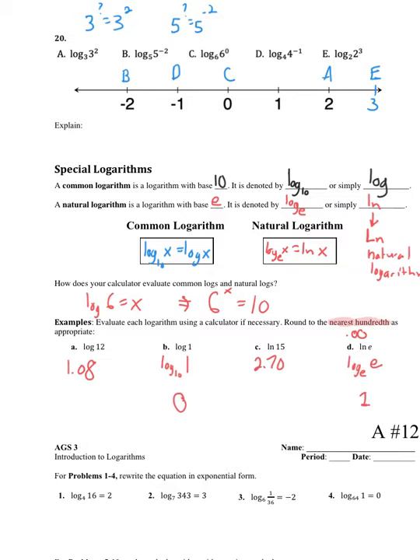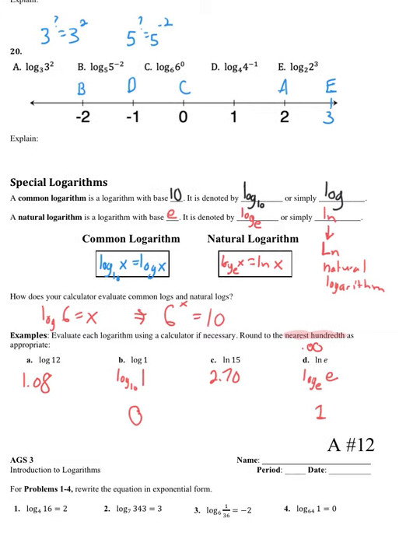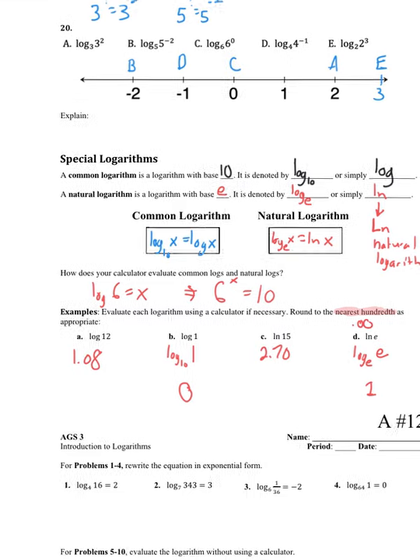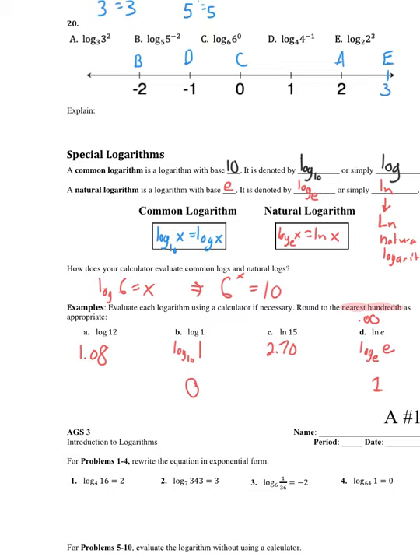I want to talk specifically about parts B and D though, because part D, we talked about this a little earlier, is log base e of e. Anytime you get the base and the number next to it to match up, it's always going to equal 1. The other one that happens here is log base 10 of 1. If we rewrote that in the other form, it'd be 10 to the question mark equals 1, and the only number it could be is the 0 power.